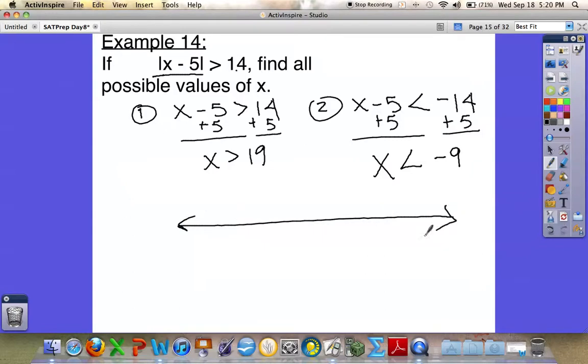Okay? So, it's either going to be greater than the number 19 or less than negative 9. Both of these will be solutions to this original inequality.